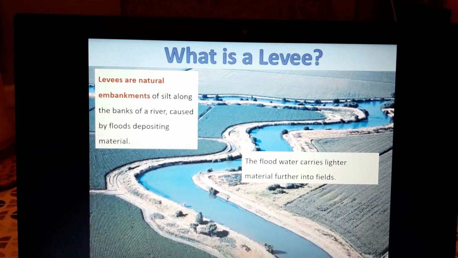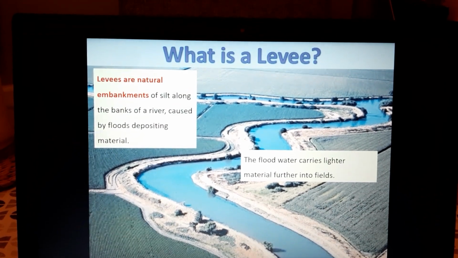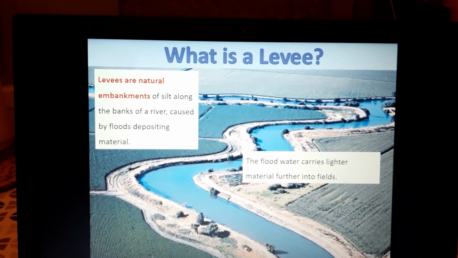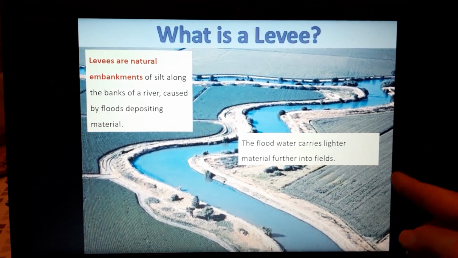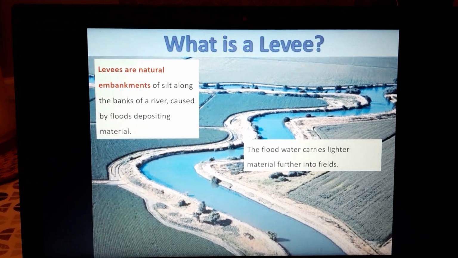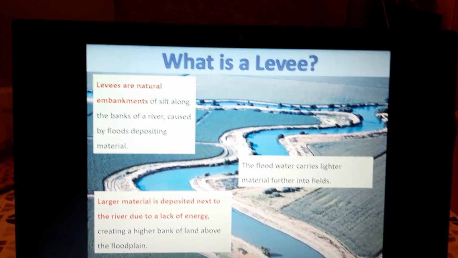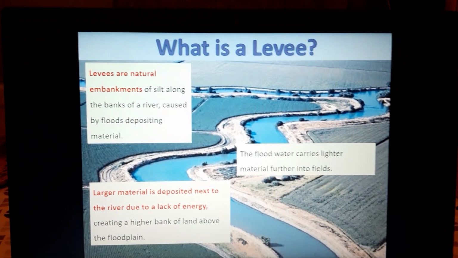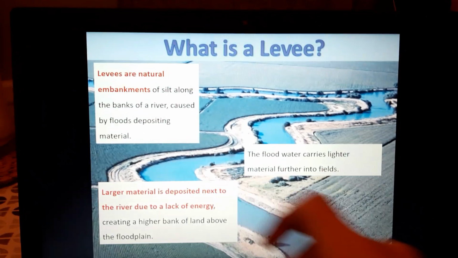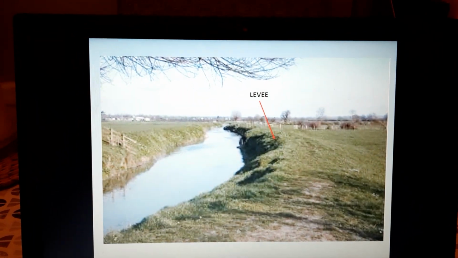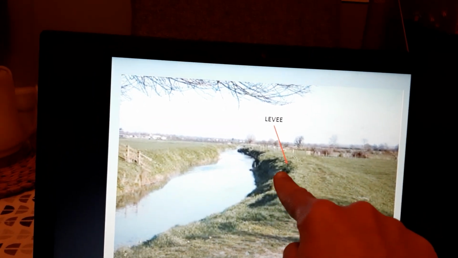Because what happens is when a river floods, the sediment it's carrying is sorted by that flooding process. The smaller pieces get carried further into the floodplain either side, away from the river, and the larger pieces get deposited right next to the river because the river's got less energy to carry them. So on the river bank, closest to the river, the material builds up, and the river bank gets higher and higher.